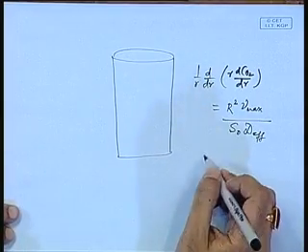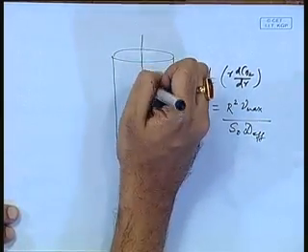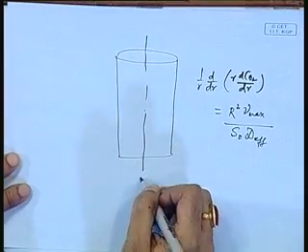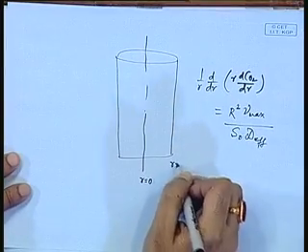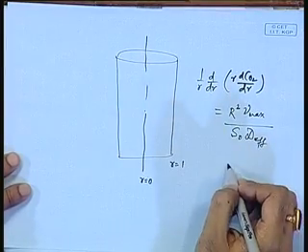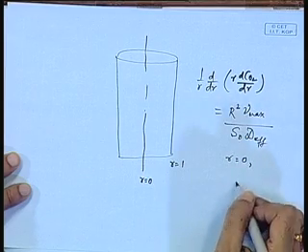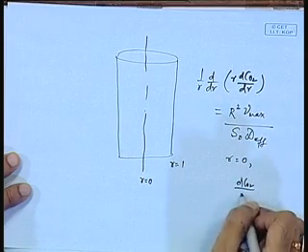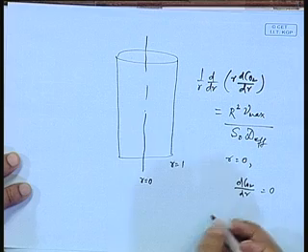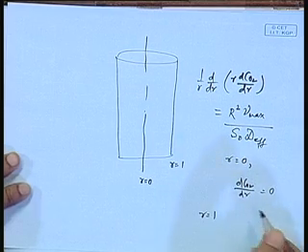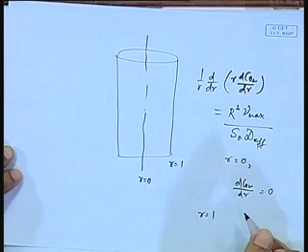The boundary condition inside is, so this is my R, this is R equals 0, this is R equals 1. At R equals 0, my boundary condition is symmetry, right? At R equals 1, I'm saying that oxygen is present in a certain concentration.